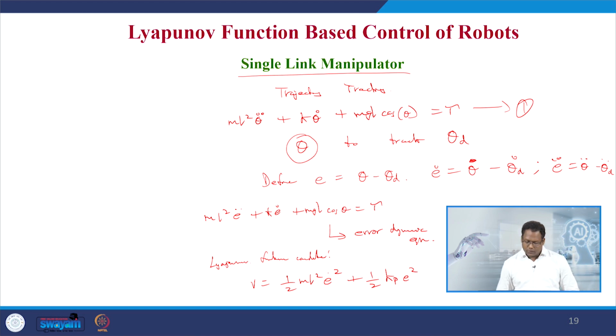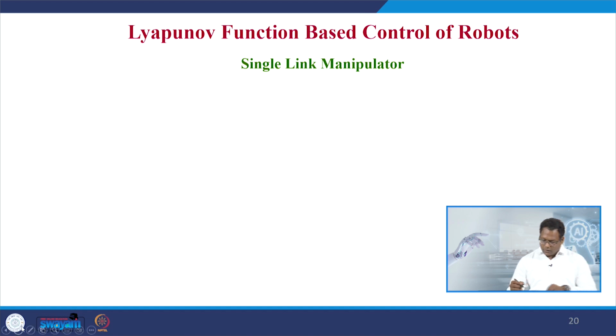If we have this Lyapunov function candidate having two terms, then the time derivative of this Lyapunov function comes out as V dot equal to m L square E dot into E double dot plus k p E into E dot.